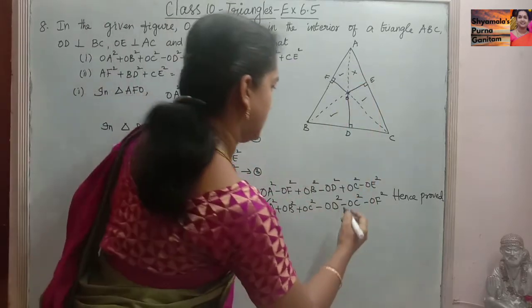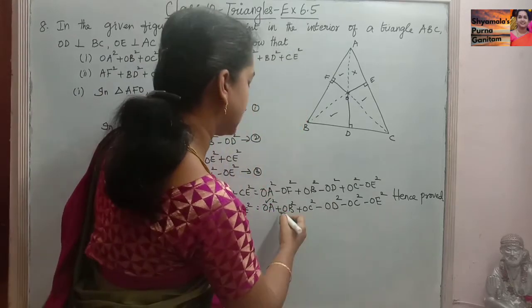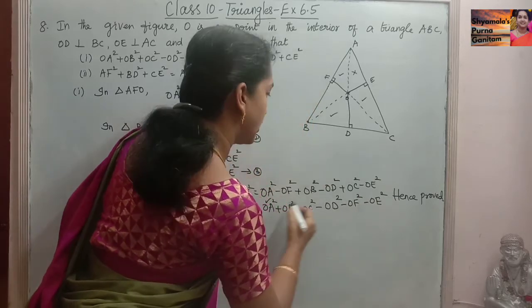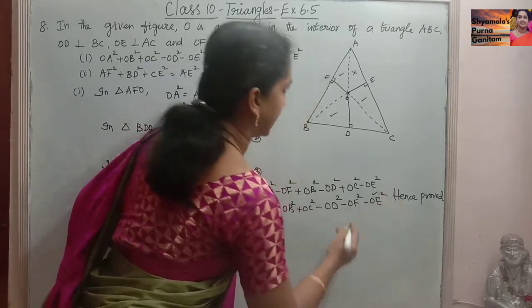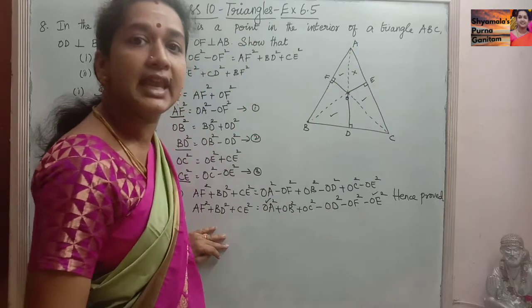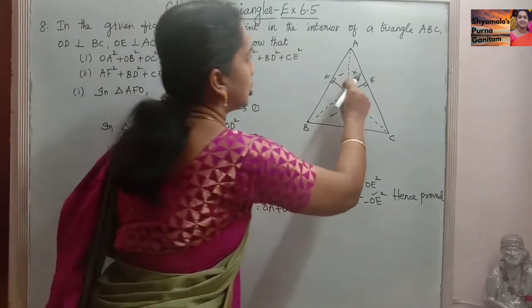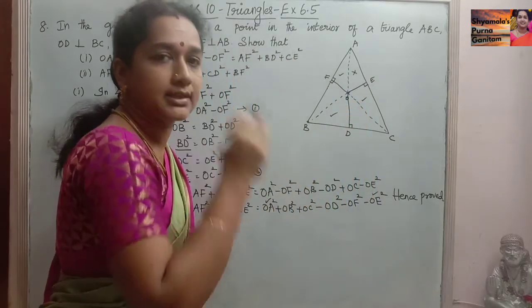Sorry, here it is OA squared minus OF squared, F should be there. OA squared minus OF squared, we can write that as AE squared, from the same Pythagoras theorem.